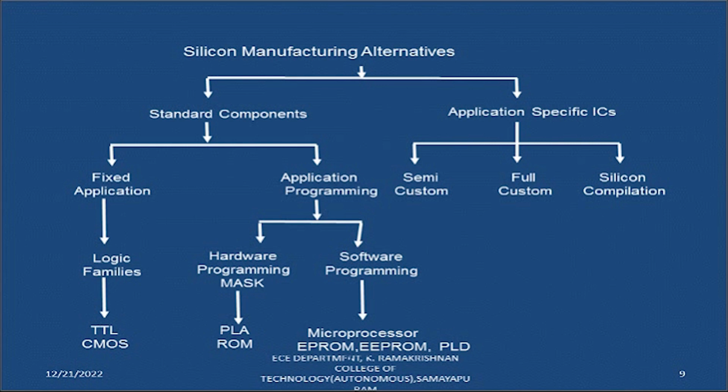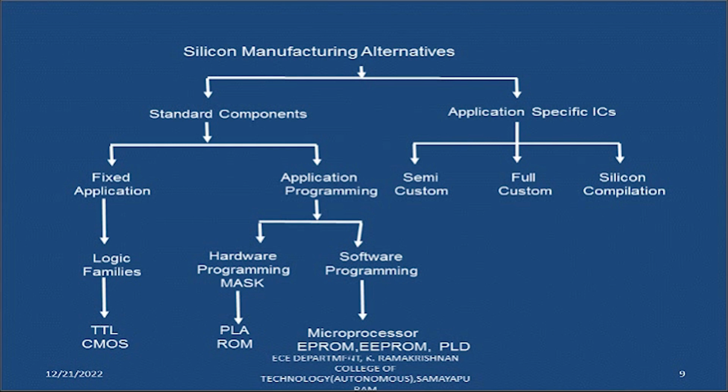And if you take application specific ICs, we can classify them into three categories. One comes under semi custom, the second under full custom, and the third is silicon compilation. In semi-custom ICs, we already have a design, and if we need to program any kind of logic circuits in that design, we can use it.